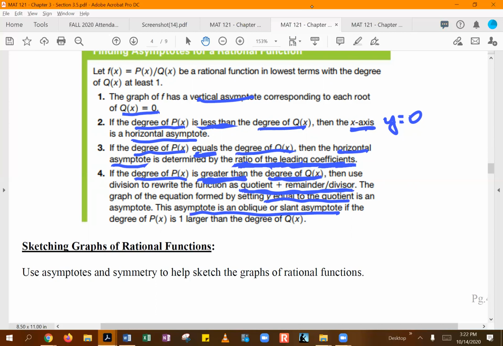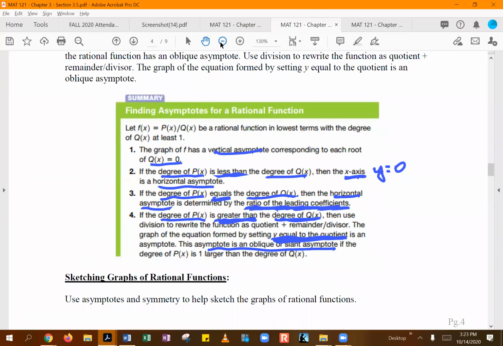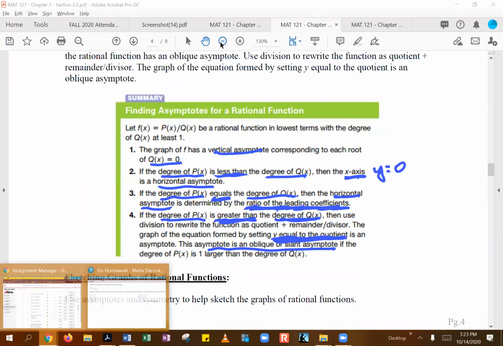But honestly, you don't have to worry about that as long as you remember that your oblique asymptote is going to be equal to the quotient when you perform your little division between these polynomial functions. So let's take a look at that over here.